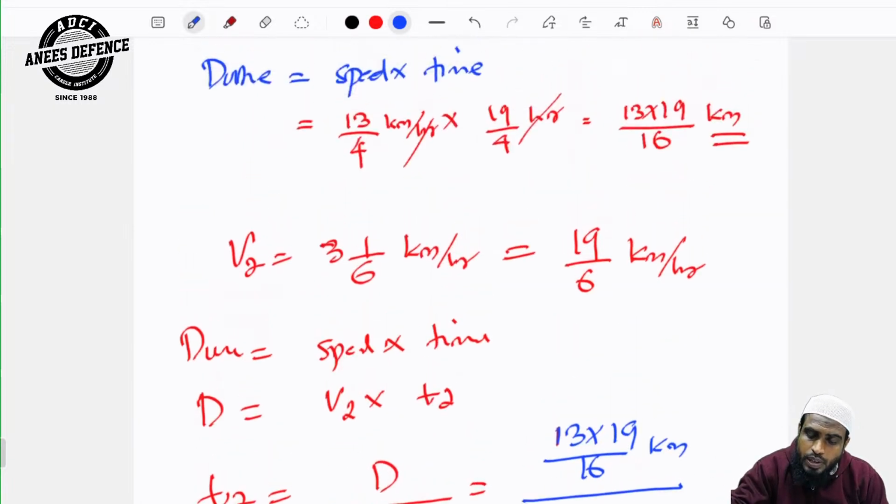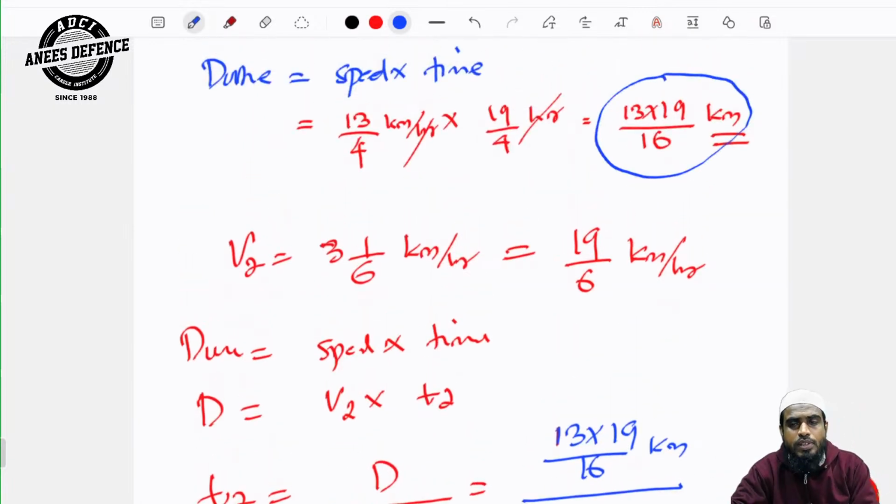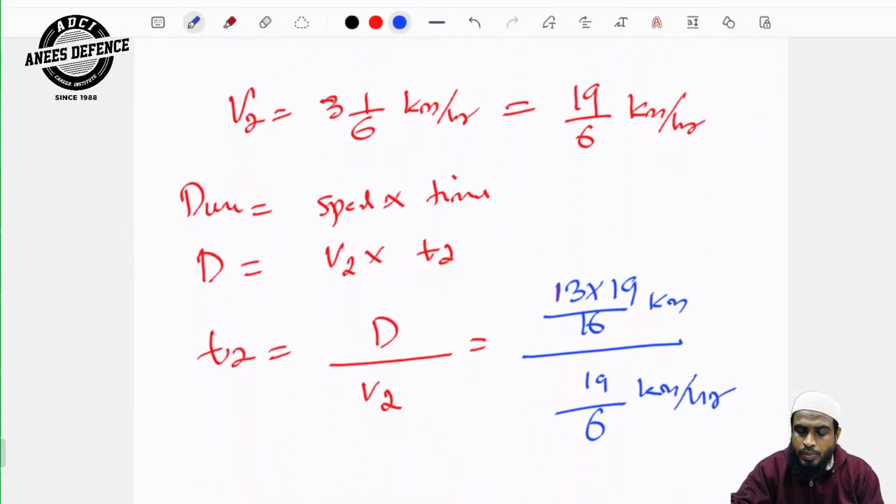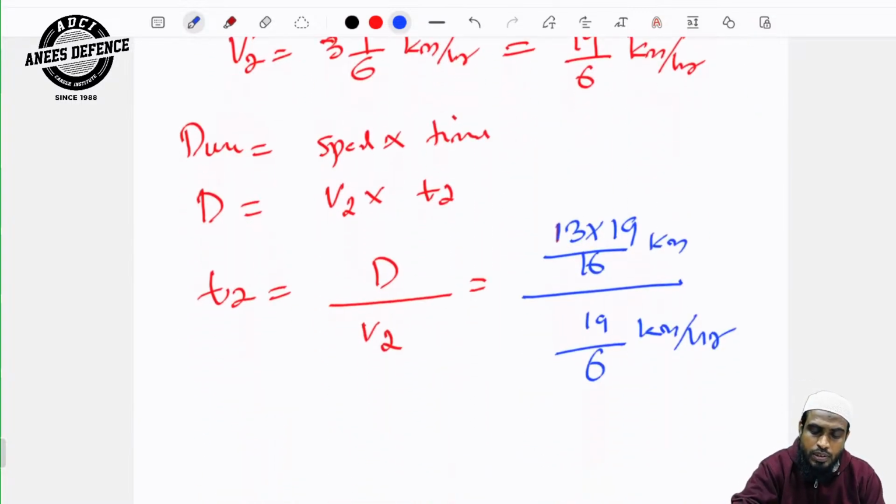Why do I keep the value without multiplying? Because normally in this type of problem there will be some proper cancelling, so we simply waste our time in multiplication. Keep it as such, then put it in the second condition. So here 19 and this 19 get cut.